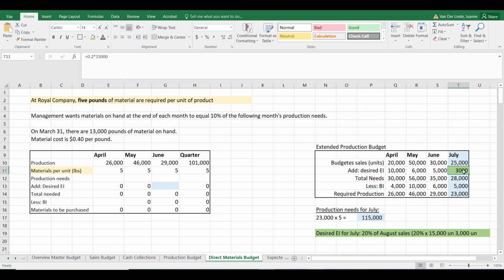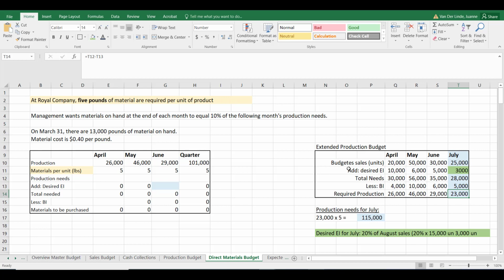And if we look way at the beginning, the budgeted unit sales for August was 15,000, so 20% of 15,000 is 3,000 units, so the total units we need for July are 28,000, minus the beginning inventory of 5,000, which was June's ending inventory, means I would need to produce 23,000 units in July.